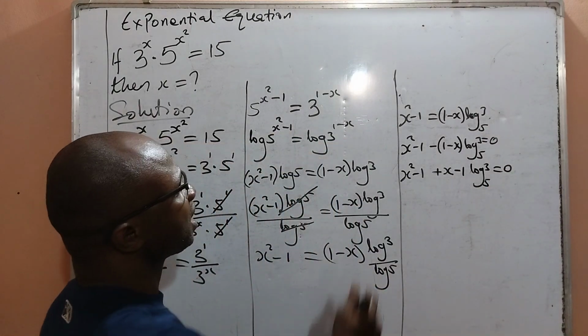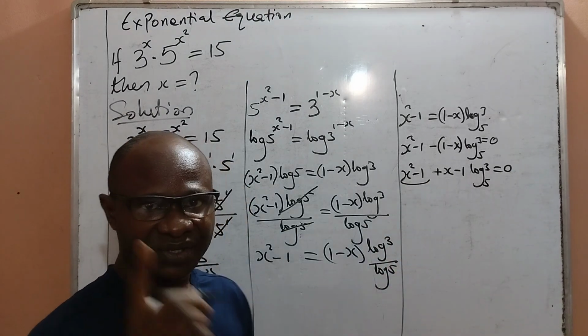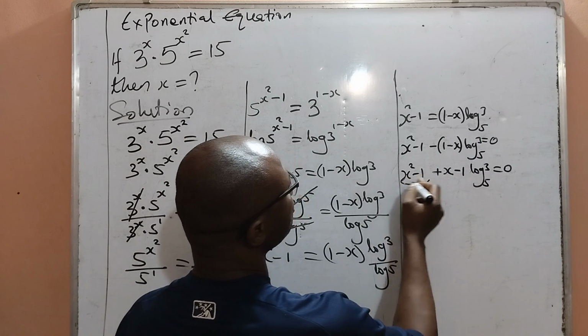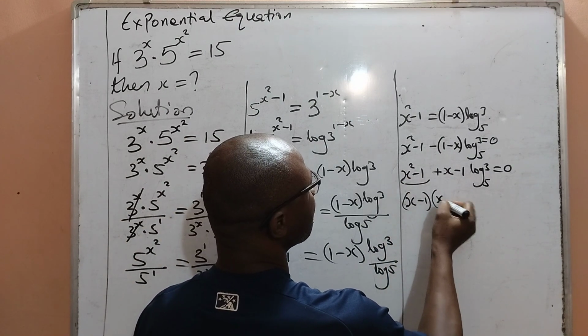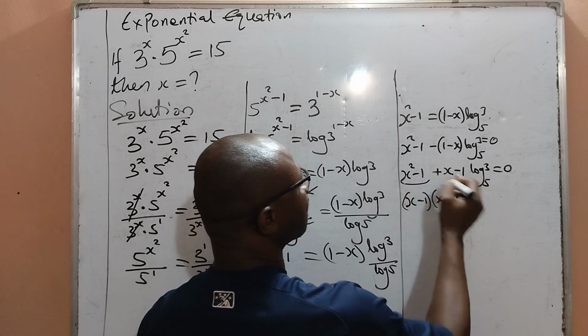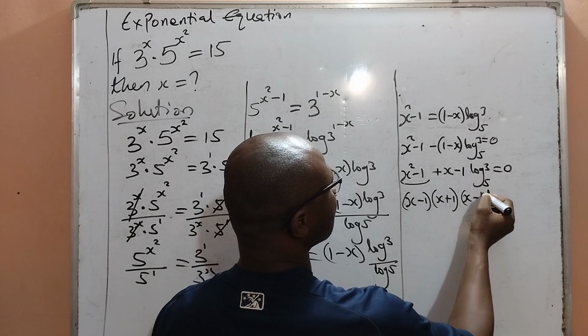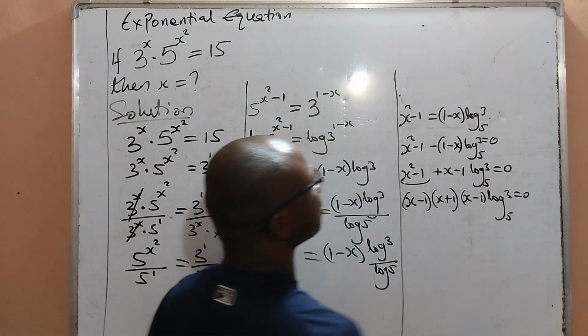At this point, I want to represent this alone as a difference of two squares. That means x raised to the power 2 minus 1 can be written as (x minus 1) into (x plus 1), then (x minus 1) log 3 base 5 equal to 0.